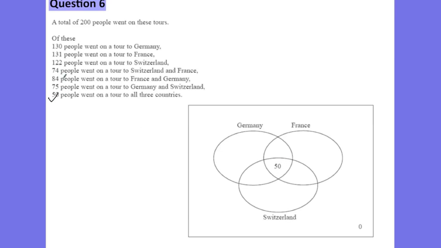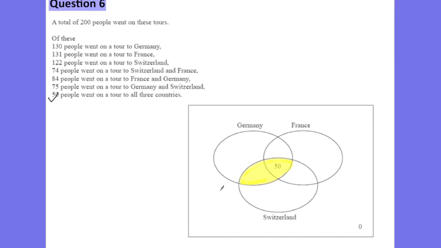Then working our way up, looking at our next category, that's 75 people went on a tour to Germany and Switzerland. Taking the colour here, you can see that Germany and Switzerland, these 2, share this space. So everyone in here needs to add up to 75.